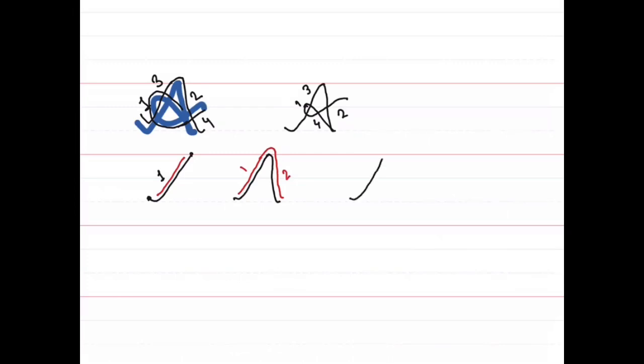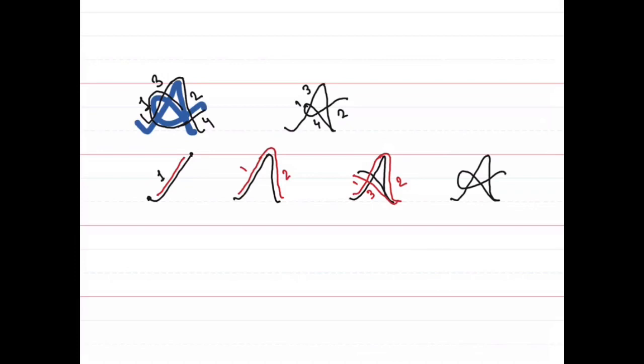So see, this was 1, this was 2, and this is 3. Again, this is 1, this is 2, and 3. And the last step will be, this is 1, this is 2, this is 3, and this is 4.